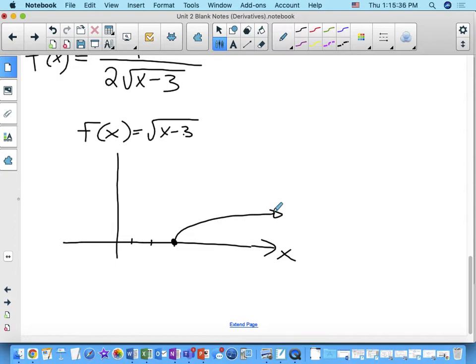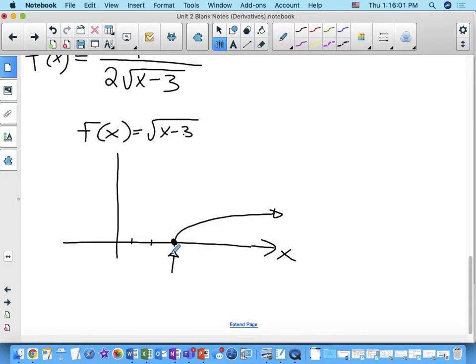Okay. Now, this is differentiable wherever f of x is continuous, except right here. Because think about how you would create a tangent line there. It's an endpoint. You can't create a tangent line at that endpoint. So there is no derivative at that point.